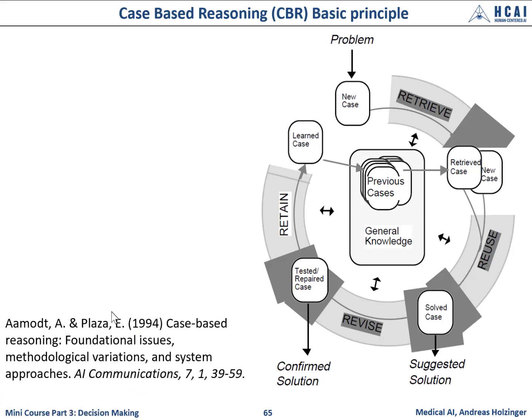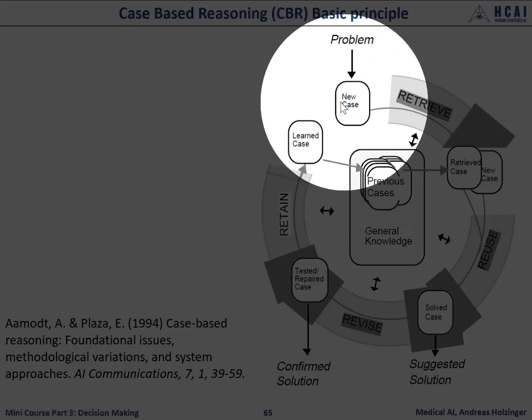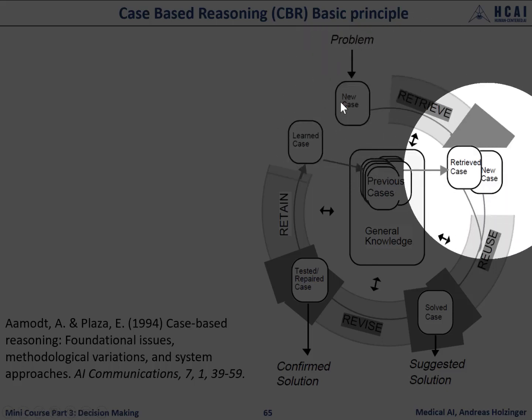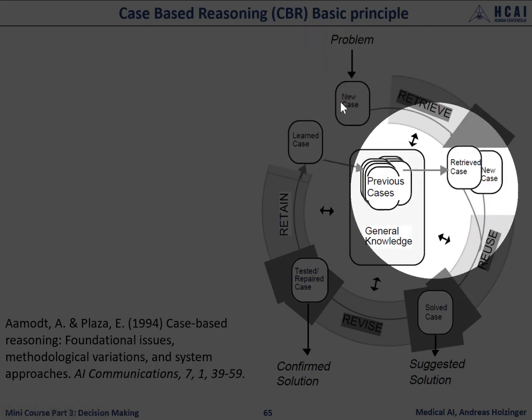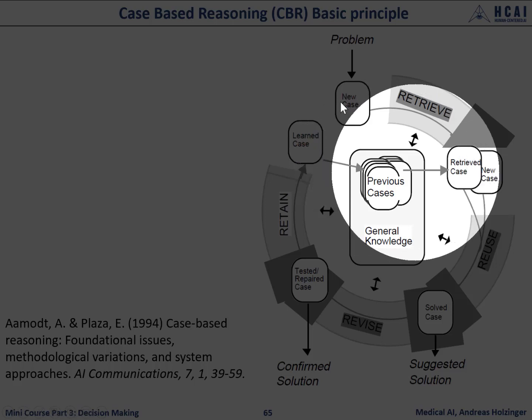So case-based reasoning is a problem-solving paradigm, as we have heard before. So how does it work? A new problem is solved by finding a similar past case. So you start here with the new case. You retrieve now similar cases from your previous cases from your database.